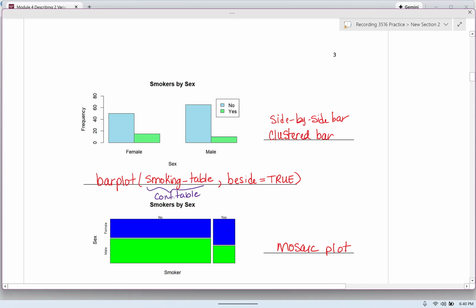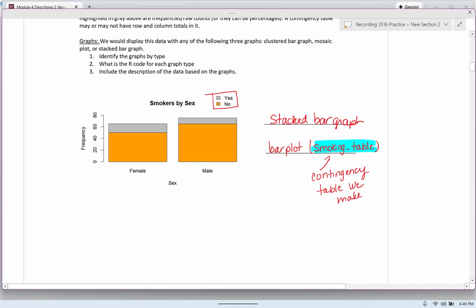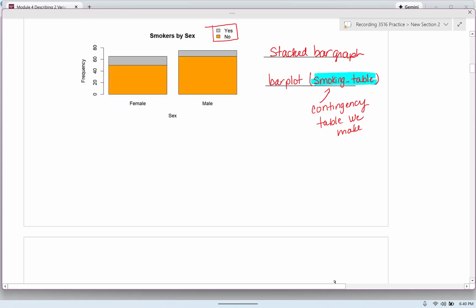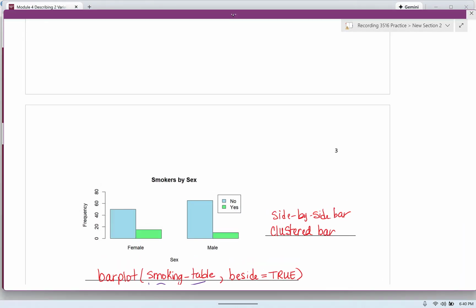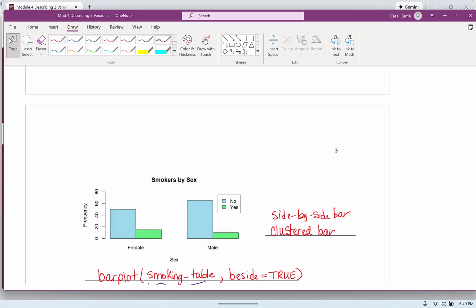And the same thing is true when I look at the mosaic plot. There are more males than females because the green bar is taller. And then there are more females who smoke. And then I can agree that the same thing is true with the stacked plot.